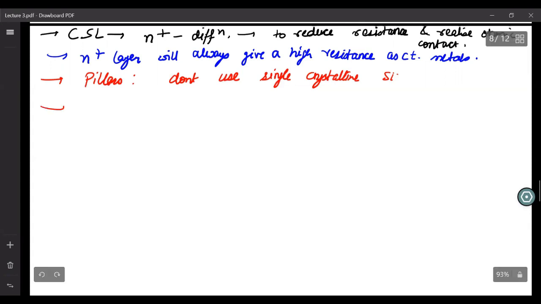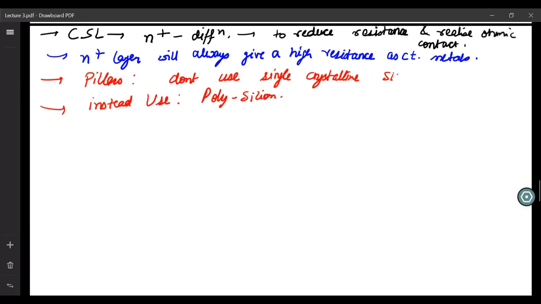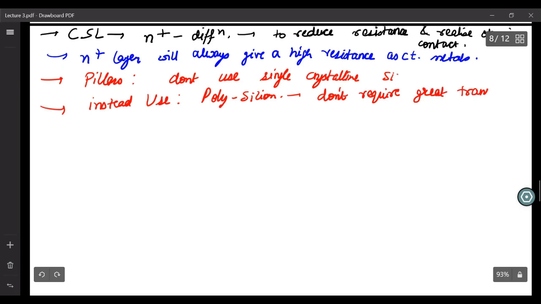Instead, they use what is known as polysilicon. And what is the reason behind that? The reason is we don't require great transistor properties.